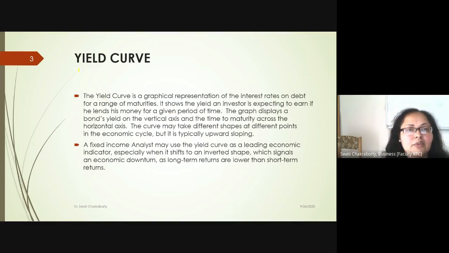Let's start with the yield curve. Now, what is a yield curve? A yield curve is a graphical representation of the interest rates on debt for a range of maturities. It shows the yield that an investor is expected to earn if he's lending his money for a given period of time.